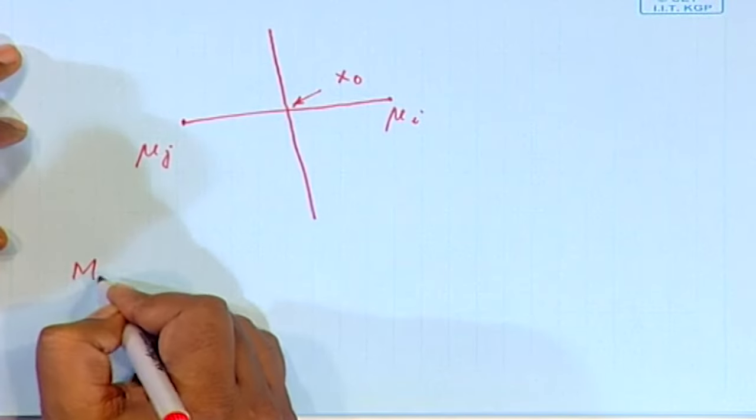Similarly, for all the points falling on the side of μ_j, its distance from μ_j will be less than its distance from μ_i. And we put the sample x into that particular class from which its distance is minimum. So when it is an orthogonal bisector, or the a priori probabilities P(ω_i) and P(ω_j) are the same, then effectively what I get is a minimum distance classifier.